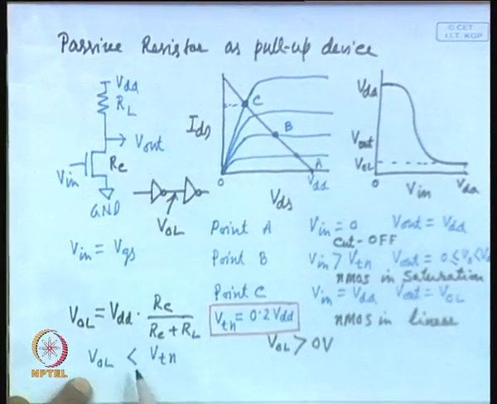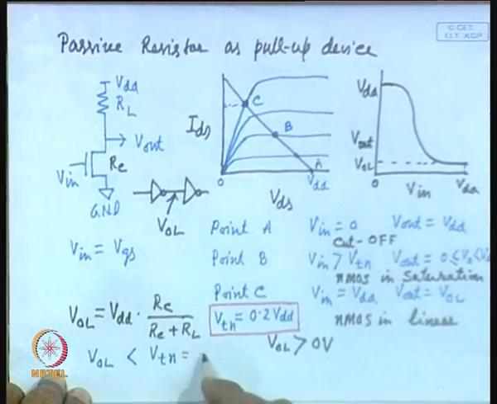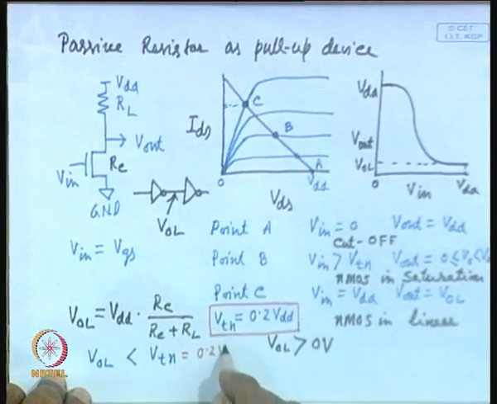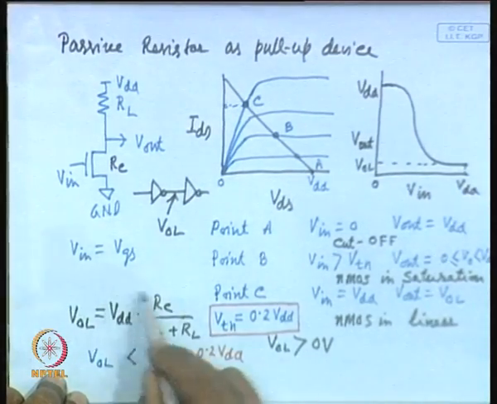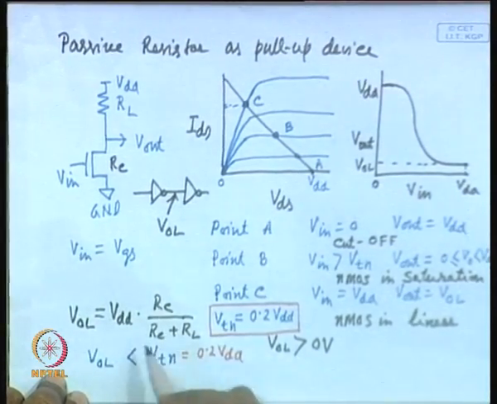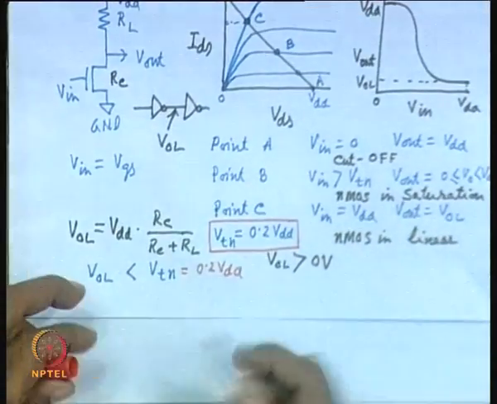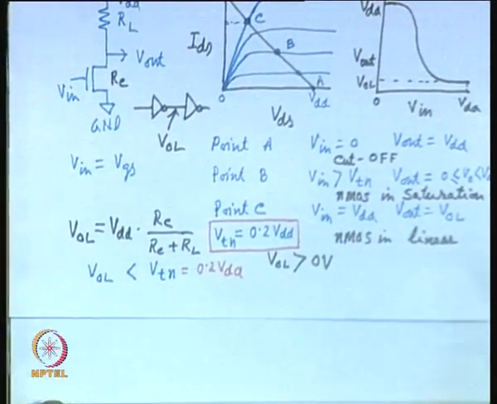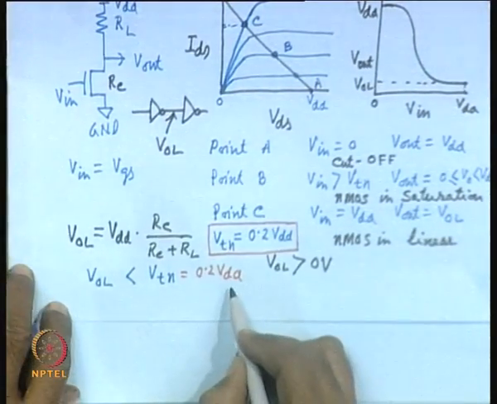That means, if we substitute it here in this expression, this is equal to 0.2 VDD. Then what condition it requires? What is the outcome? That means, in place of VOL we shall be substituting this 0.2 VDD.